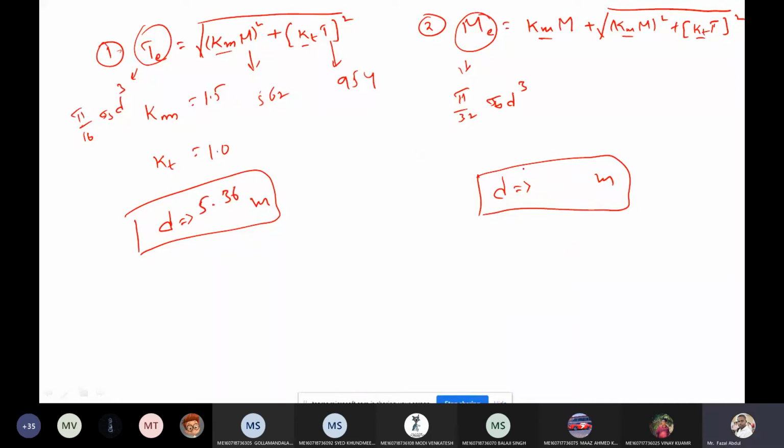Now, according to the second, the maximum principal stress theory, what is the d value? Tell me the d value. 6.14. Very good. What is your roll number? 25. Very good.